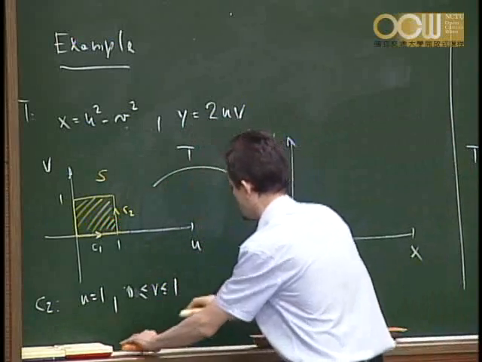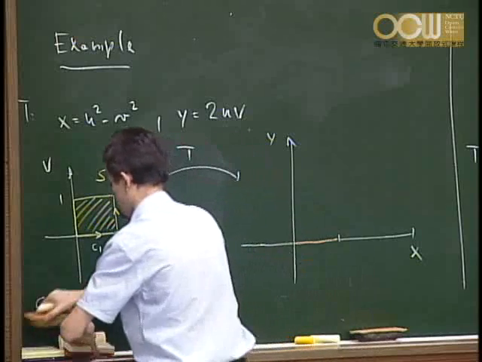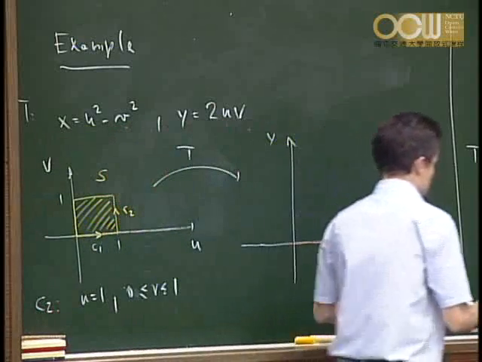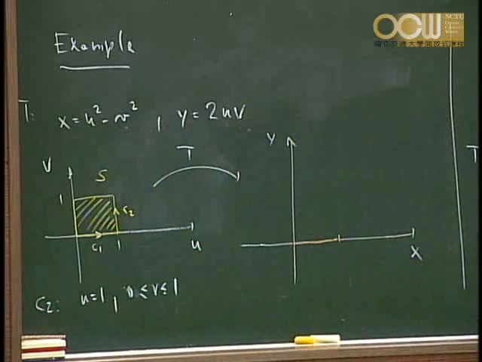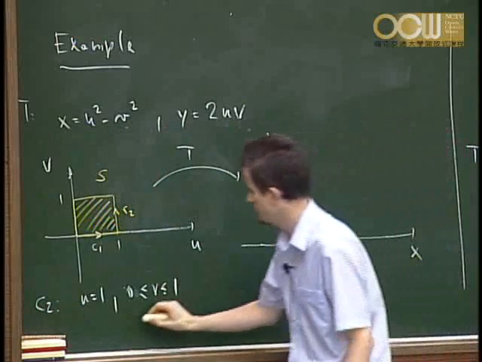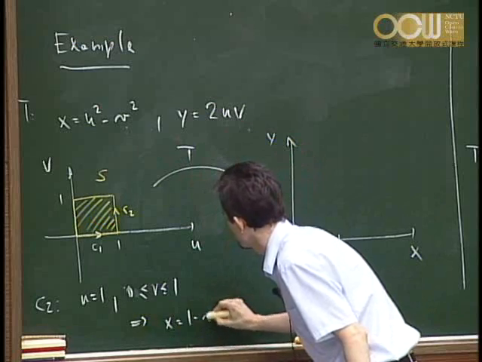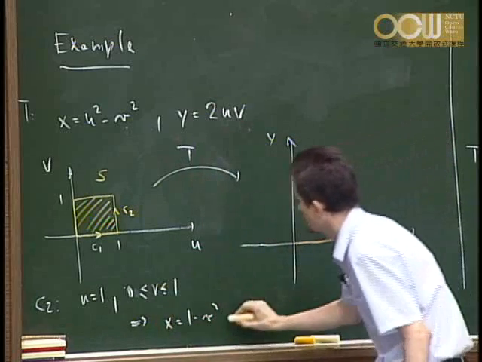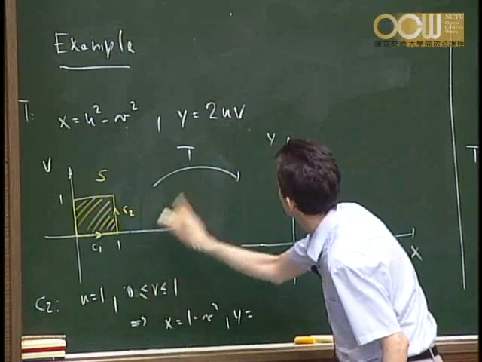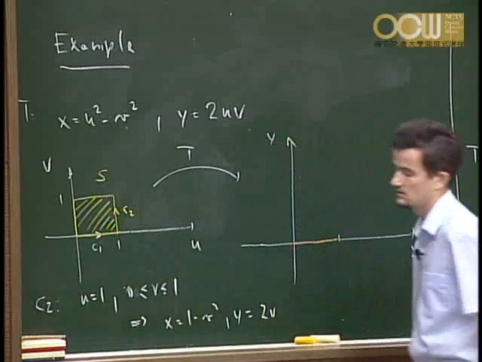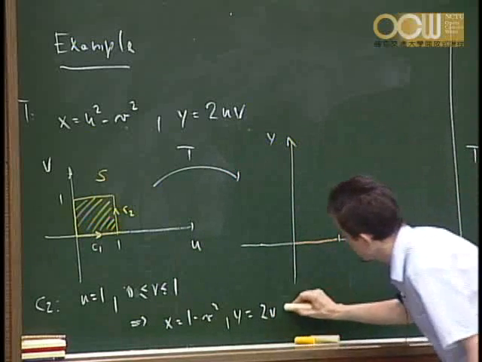What do you get? From this you get that X is equal to 1 minus V squared, and Y is equal to, so U is equal to 1, 2V. Okay, so you see you can express this.